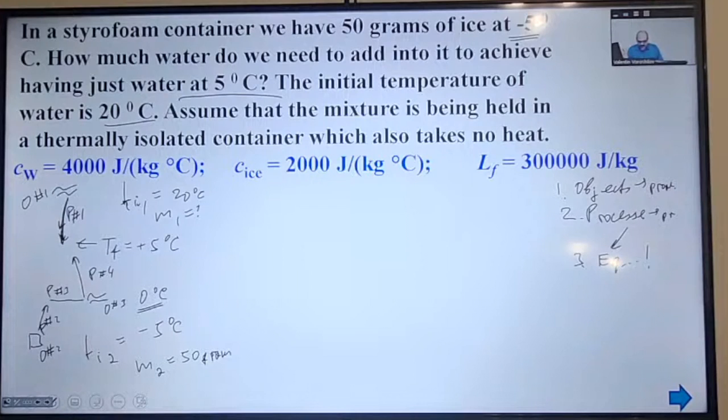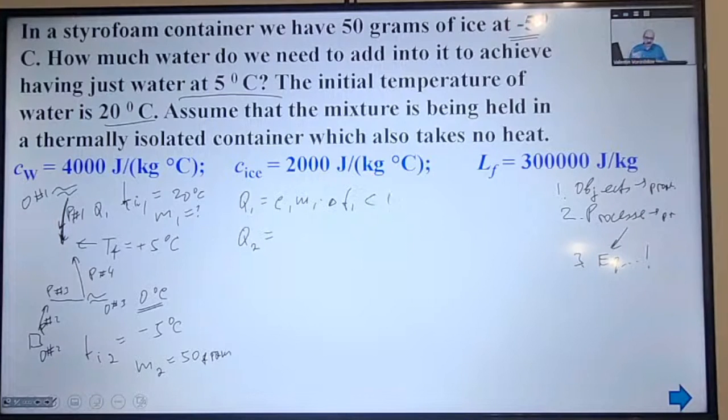The process number one requires a certain amount of heat, Q1. It's temperature change, so the equation is heat for temperature change. The process number two requires a certain amount of heat. Well, heat could be positive or negative.